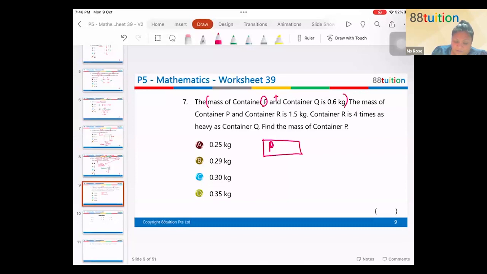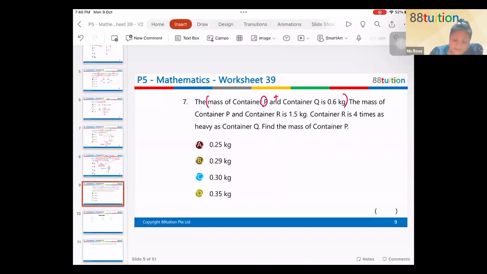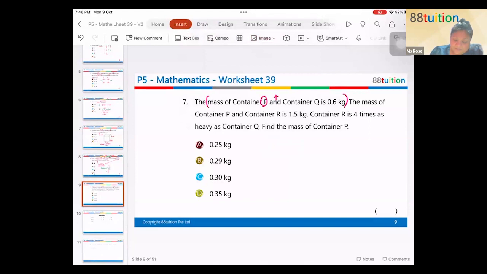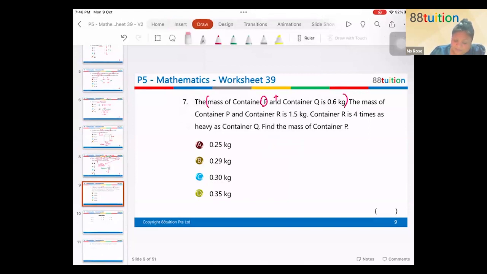The mass of container P. The mass of P and Q is 0.6 kg.